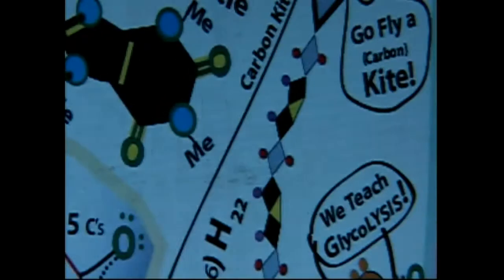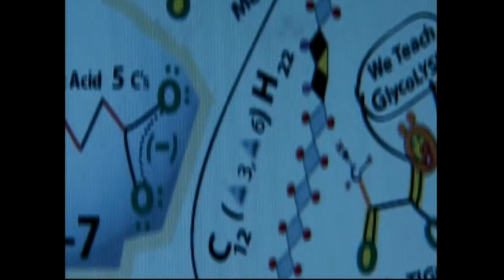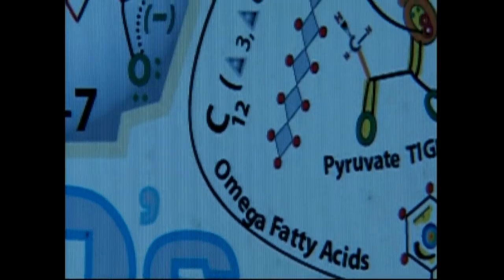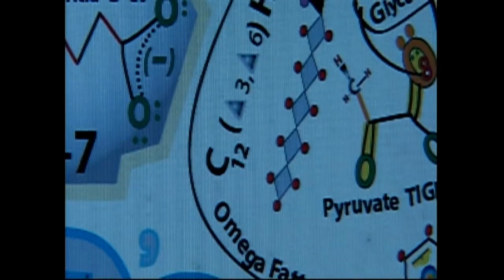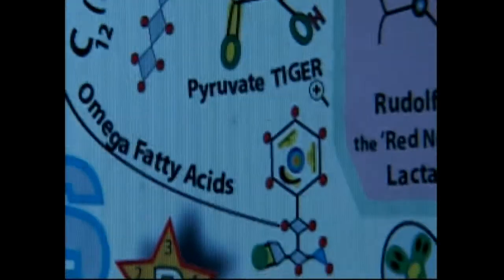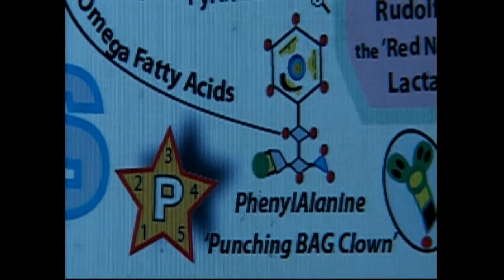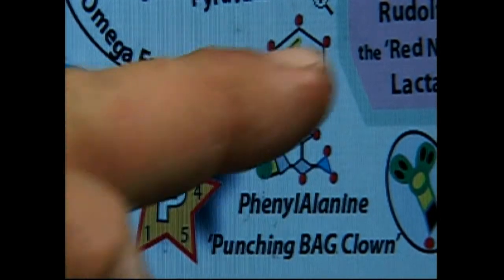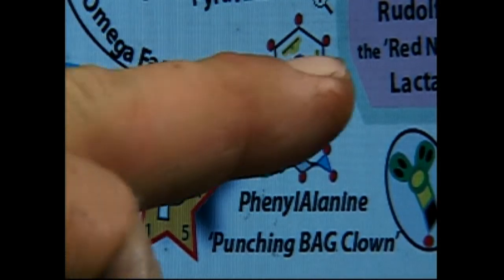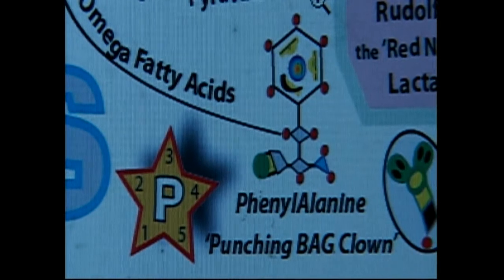So here's another fun little drawing, phenylalanine, just back where it was here. Phenylalanine looked like a little punching bag. See, whenever you get the benzene ring, there's like a little face in there.